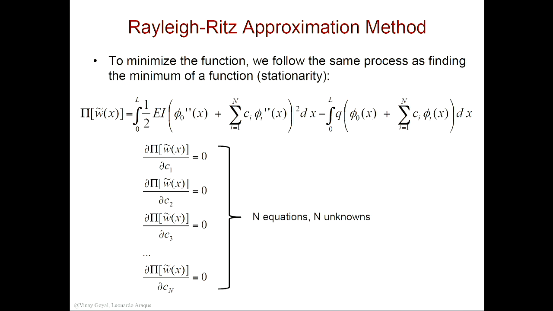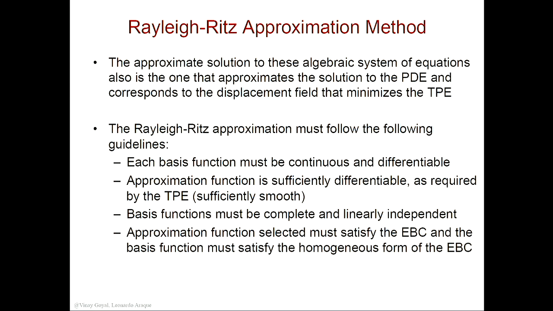And guess what? These coefficients are the ones that you plug into your approximation function, which is this one right here, basically W equals that, right? If I know the C's, do I know W? Yeah. And that W corresponds to the approximate solution to the differential equation, while also minimizing the total potential energy. They're all connected through the weak form. Let's walk through an example very soon.